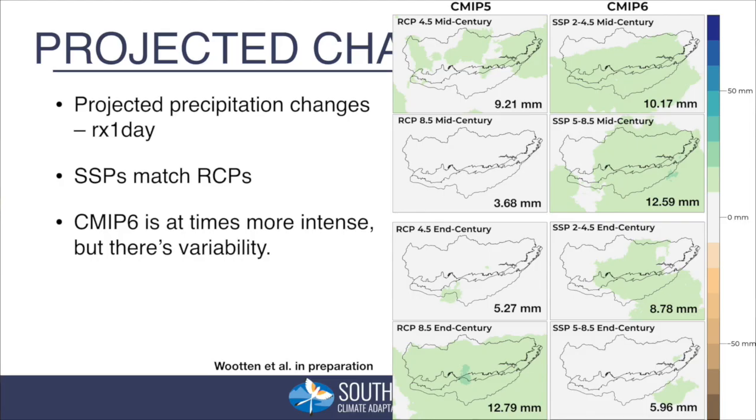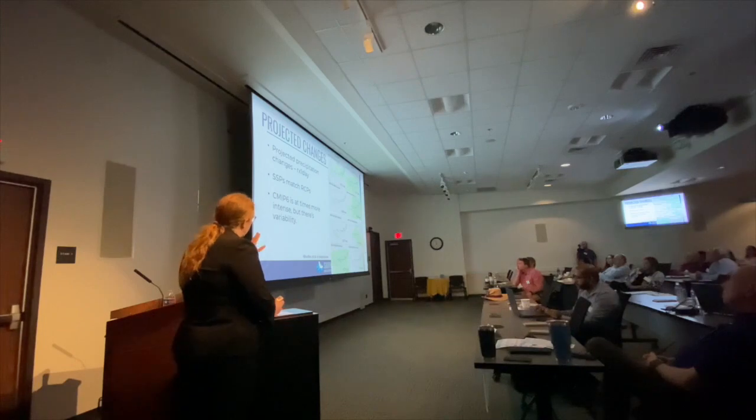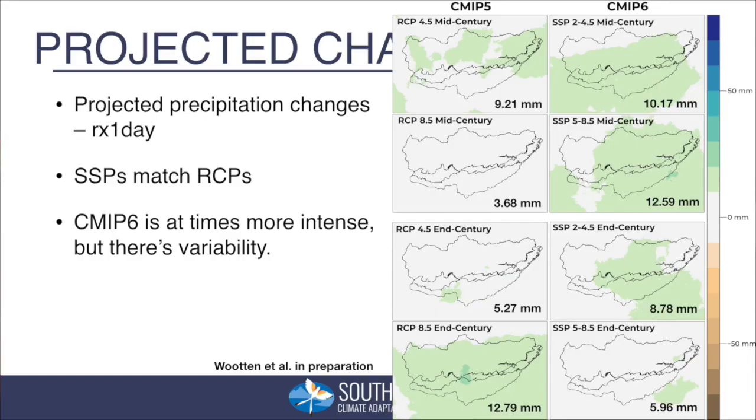Likewise to the temperatures, the other kinds of things that we can look at are derivative variables from precipitation. So what this is, is the actual projected change in what's called the one-day maximum precipitation. So take your heaviest rainfall event of the year, and how much heavier might it be? And as you can tell from this, the CMIP6 group at times is a bit more intense, but there is actually a tremendous amount of variability with this also.